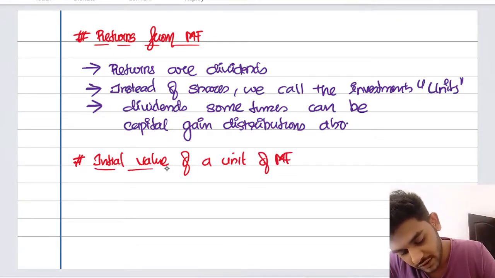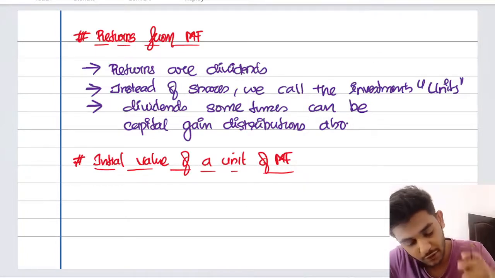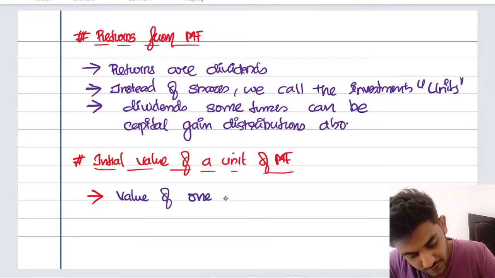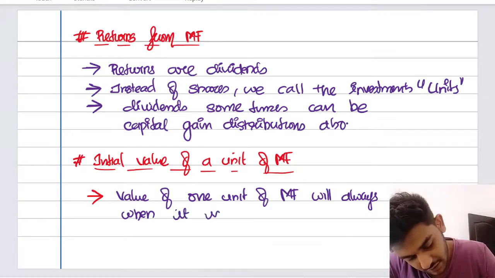When a mutual fund is incorporated for the first time, the value of one mutual fund unit will always be 10 rupees.